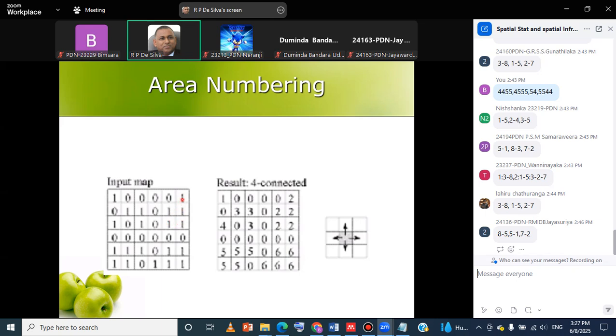Right? So what we are trying to do is identify, because our grid structure doesn't look at the connectivity. So now we want to establish the connectivity. If this input map of water bodies has four-way connectivity, that is north, south, east, west connectivity, what would be the number of water bodies you have in that area?